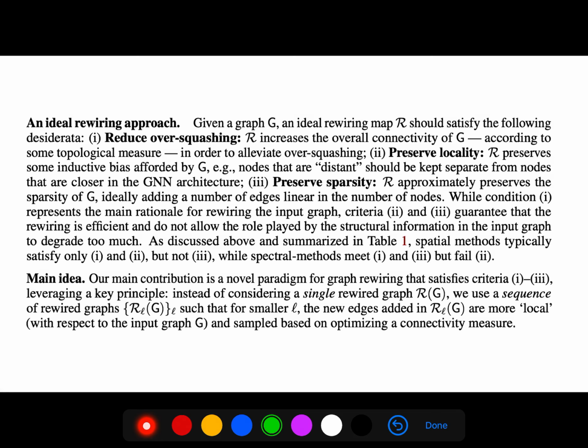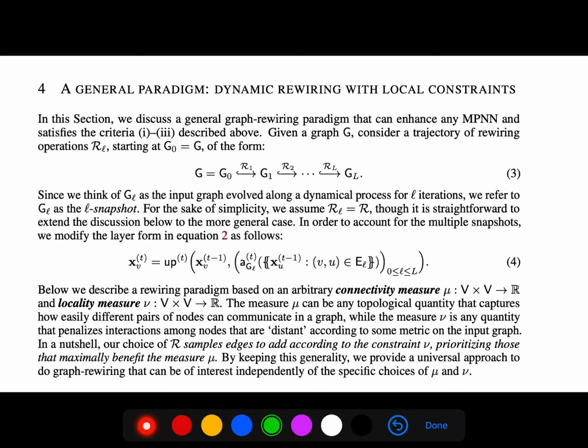Instead of considering a single rewired graph, we use a sequence of rewired graphs, such that for smaller L, the new edges added are more local and sampled based on optimizing a connectivity measure. So we discuss a general graph rewiring paradigm that can enhance any message passing neural network.